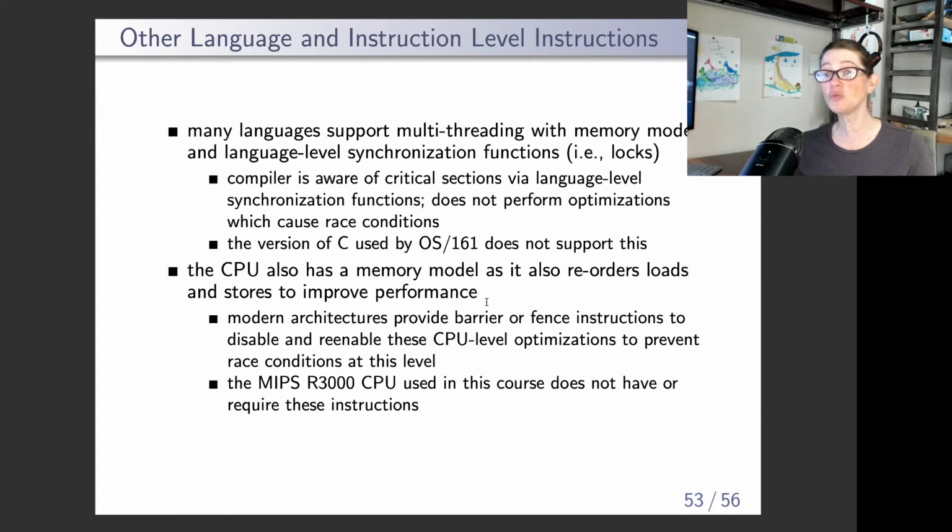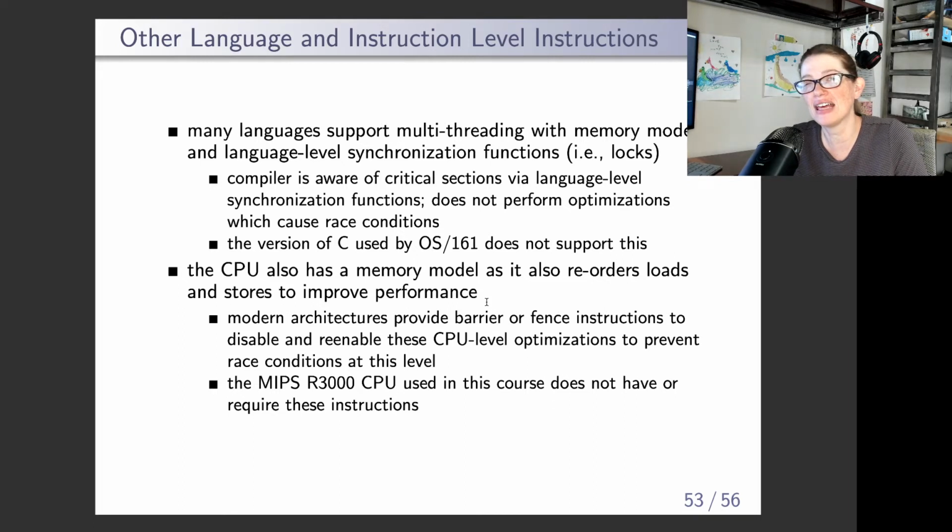Now, do you need to worry about this in this course? No. If you're in the real world running multi-threaded code, this is something to be aware of. But we're running on a MIPS R3000 CPU, and it doesn't do this. We don't need to worry about it. It's simulated. I think the first barrier instruction for MIPS came in the R4000.